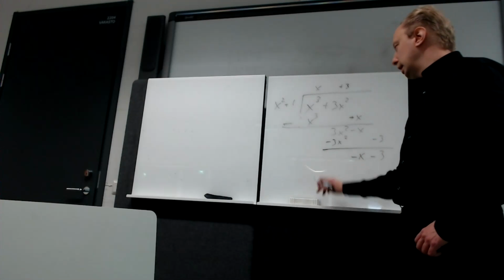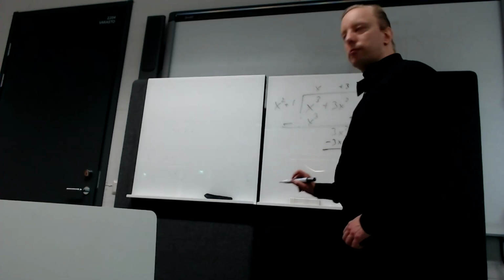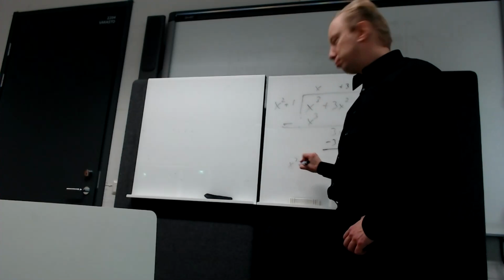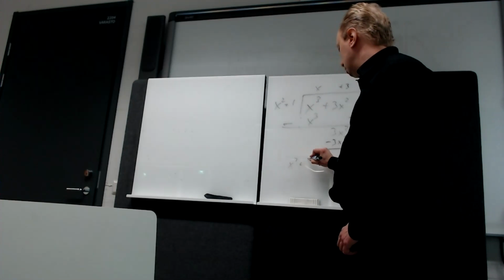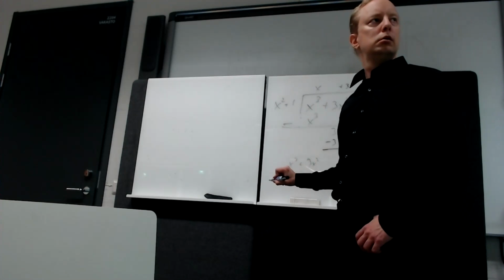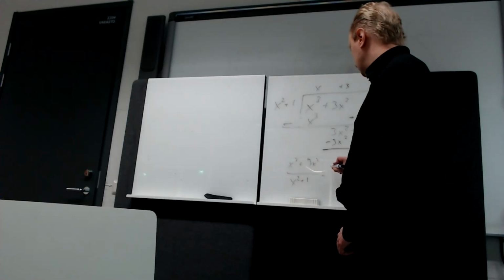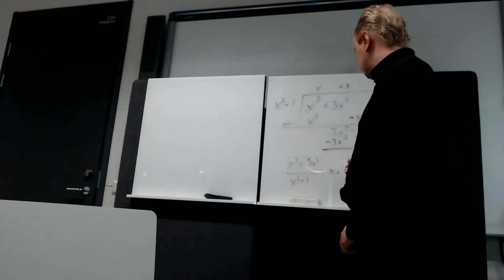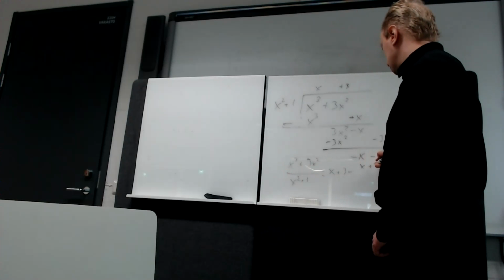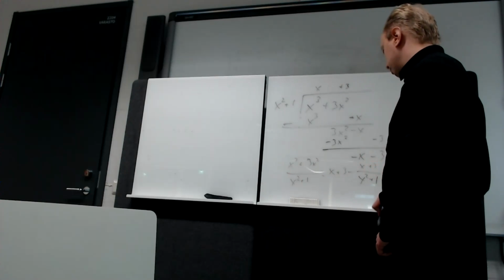So we get that the division of x cubed plus 3x squared over x squared plus 1 is the same as x plus 3 minus x plus 3 over x squared plus 1.